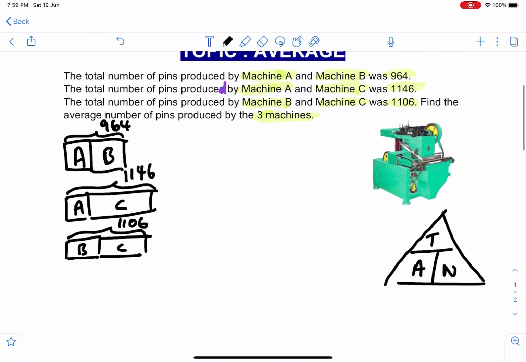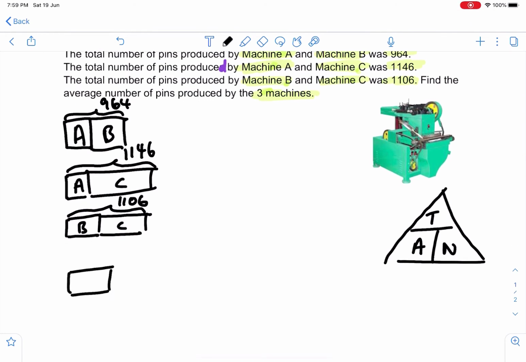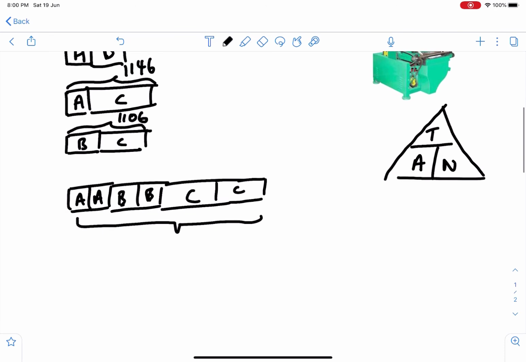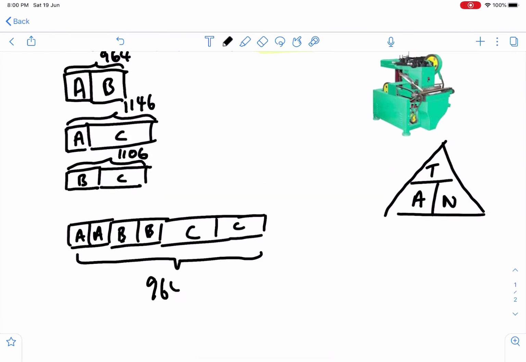So let's draw that out. A and A, and then we also have B and B, C and C. So in total, we can find what is the sum of all this, which is just going to be 964 plus 1146 plus 1106. That gives 3216.